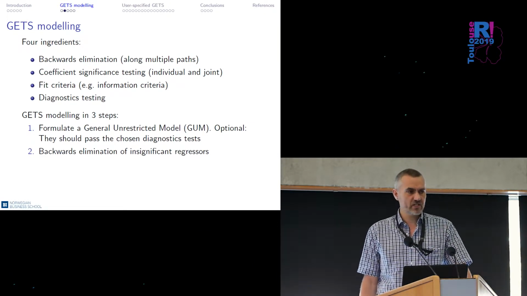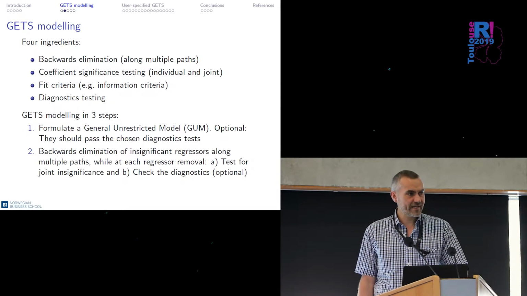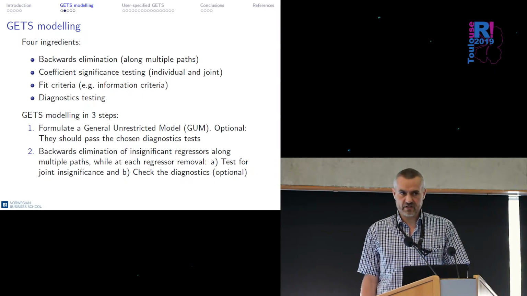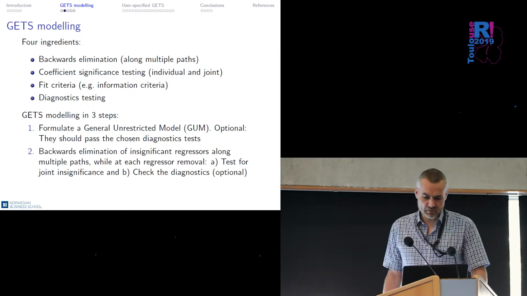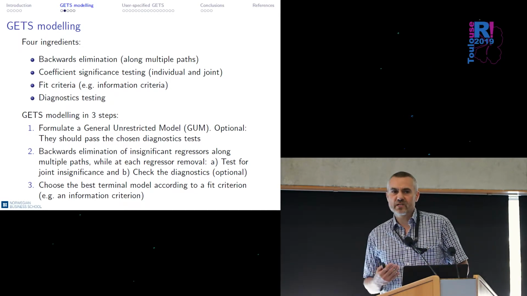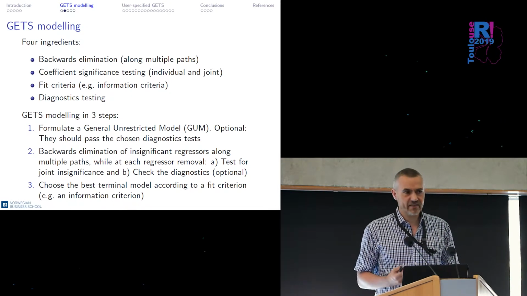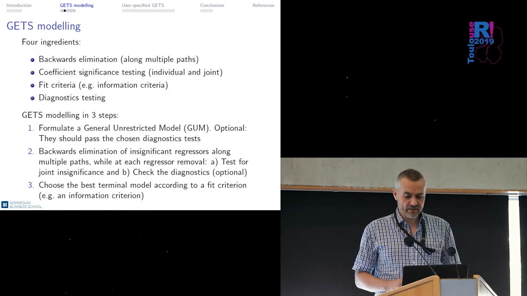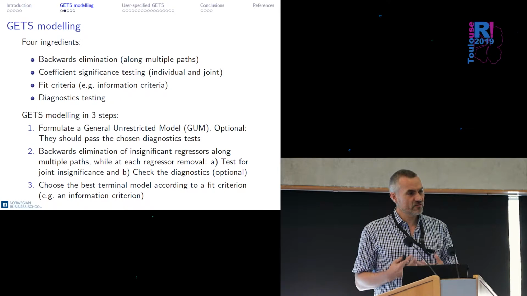Then do backwards elimination of the insignificant regressors along multiple paths, while at each regressor removal testing for joint significance and checking the diagnostics. This increases power and also adjusts, in a sense, the p-values for multiple testing to a certain extent. Finally, since you do backwards elimination along multiple paths, you might end up with several terminal models. So at the end, you choose among the terminal models with a fit criterion, for example an information criterion. A favored criterion is the Schwarz information criterion because it favors parsimony.